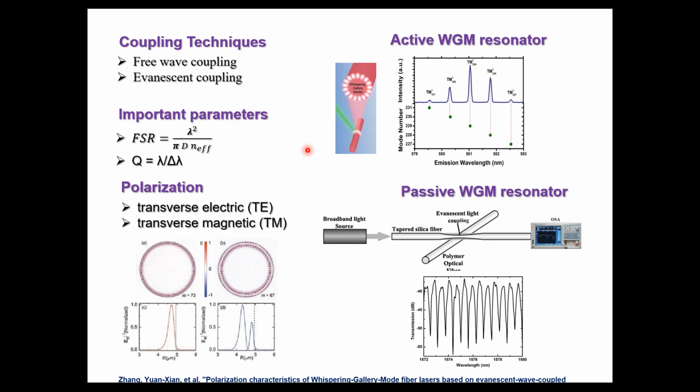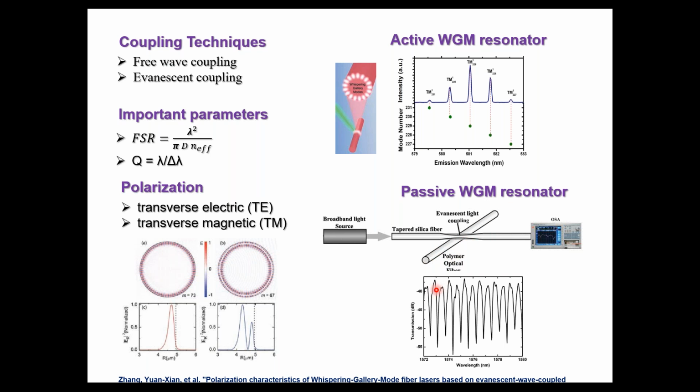You can use a tapered optical fiber, something like this. This is a source and this is the optical fiber with a tapered region. Very close to the tapered region, you keep a polymer fiber or microsphere or microdisc, whatever structure, so that a particular frequency or wavelength will be coupled into the structure.